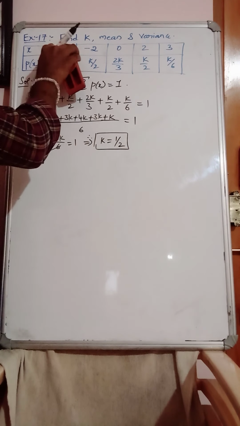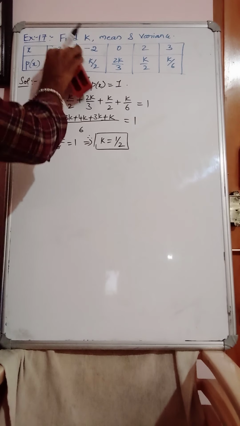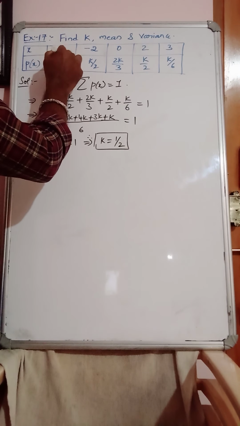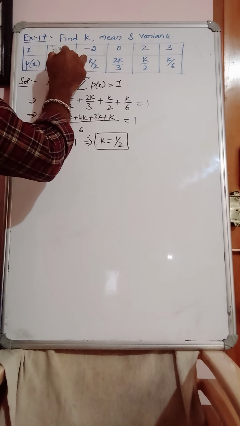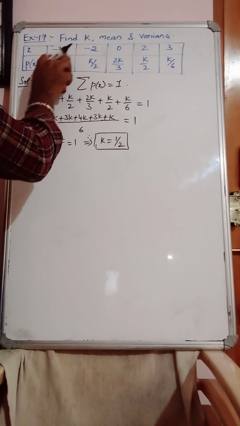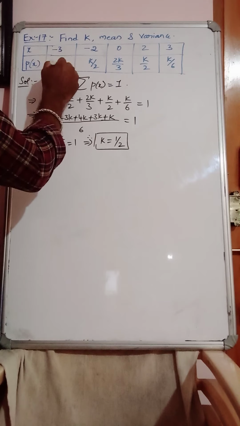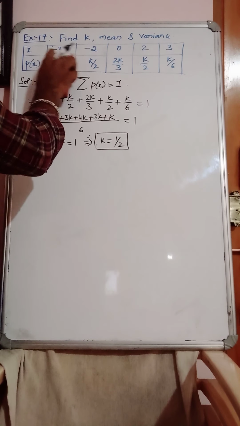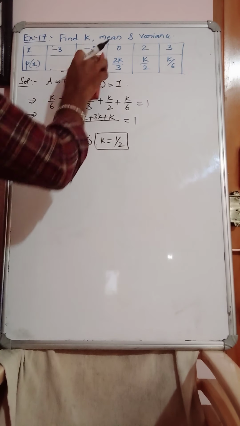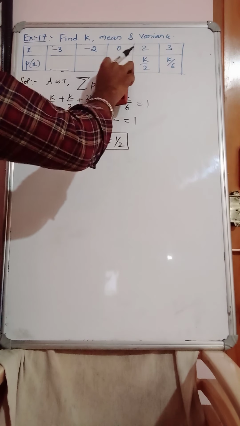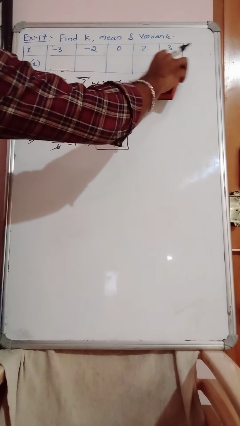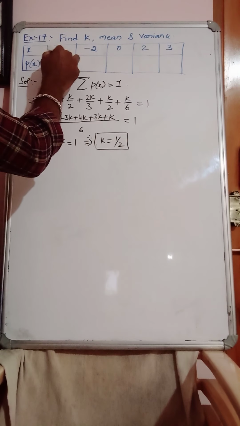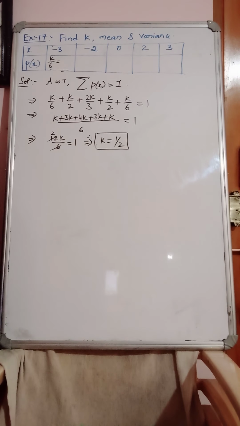Do you understand, guys? K value is 1 by 2. Then change that now. The first value is k by 6, so 1 by 2 by 6.